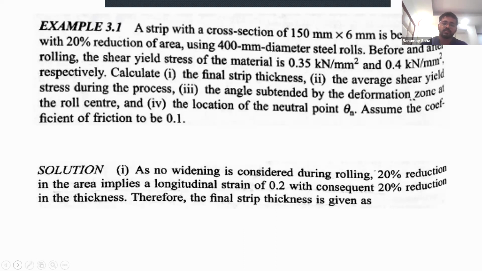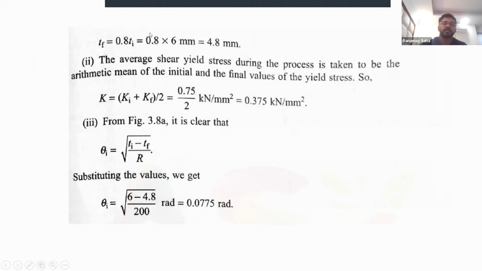So there is a 20% reduction in area, which implies a longitudinal strain only of 0.2, with consequent 20% reduction in its thickness value. Using that, your final strip thickness becomes 80% of the initial, because 20% is reduced. So it is having 4.8 mm of final thickness, right?